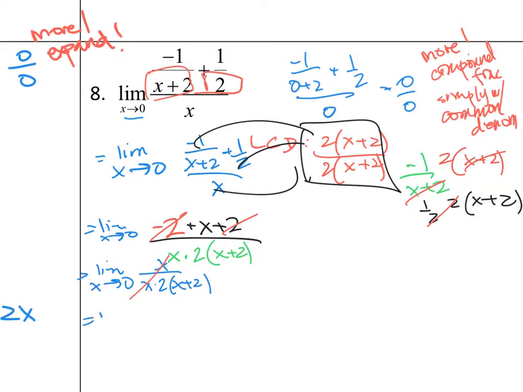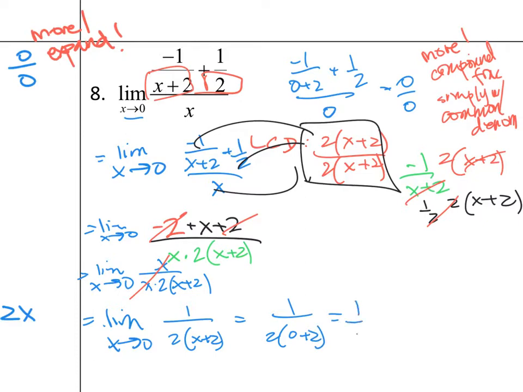So we are left with, that's supposed to be an m. Let's try this again. Make it a little neater, Miss Landon. All right, the limit as x goes to 0 of 1 over 2 times x plus 2. At this point, we can plug in our 0, and we get 1 over 4.